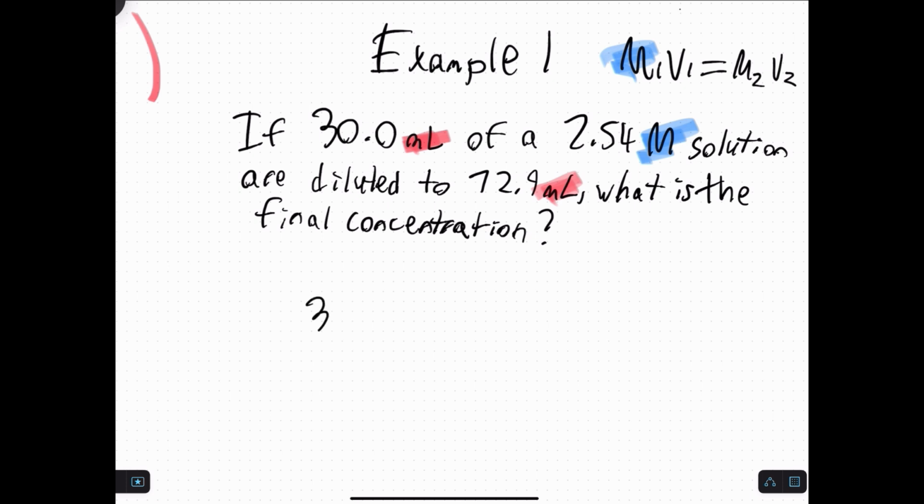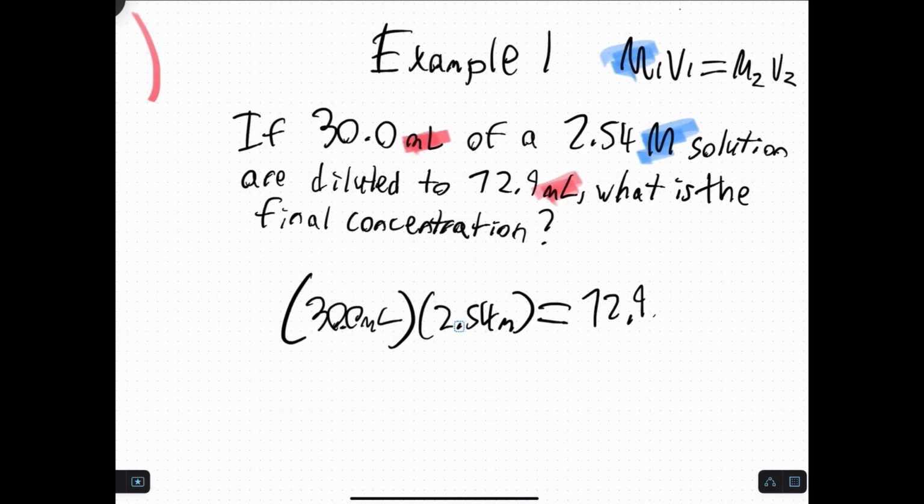So I would do 30.0 milliliters, and it can go in any order since it's multiplication, times 2.54 molar, is equal to 72.9 milliliters times x, because we're trying to find our x here.